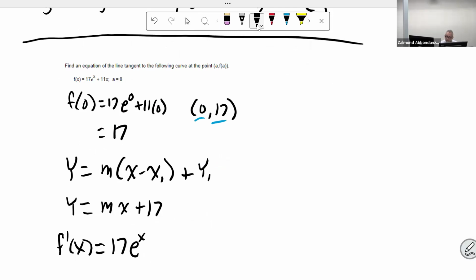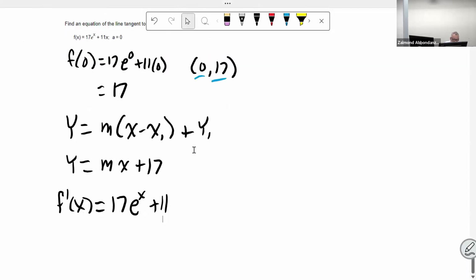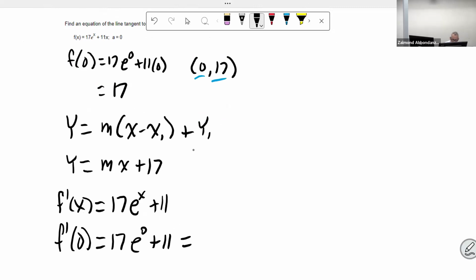It's itself, but it's also on the chart. And then the derivative of 11x is just 11. So that's the derivative, but we want it specifically at the point 0, 17, in other words, when x is 0. So we want the value of the derivative at 0, which is 17 times e to the 0 plus 11. E to the 0 is 1, so we have 17 plus 11, or 29.